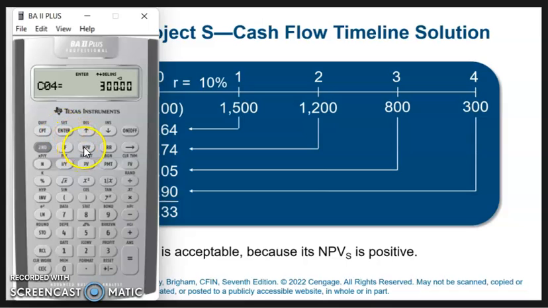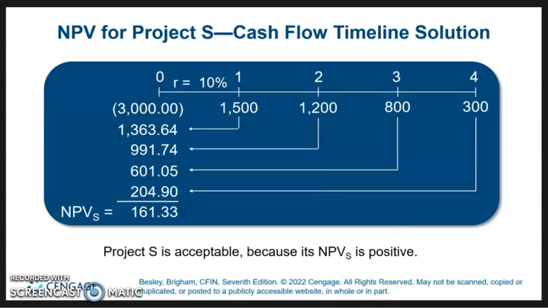Enter. So I hit the NPV key, and I is our 10%. Enter. And then we go down arrow and hit compute, and we get $161.33. So we go to the next slide.